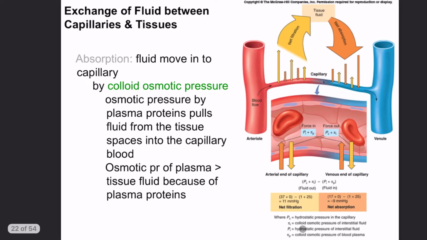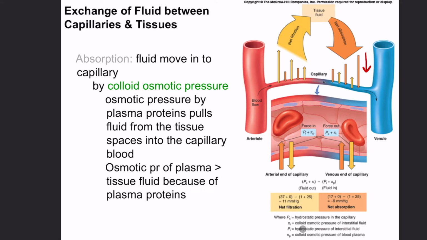And then there is an antagonist pressure or antagonist movement. And those are shown by these orange arrows, and notice they're going towards the capillary. This is caused by colloid osmotic pressure. Colloid osmotic pressure has to do with the plasma proteins that we have inside our blood.